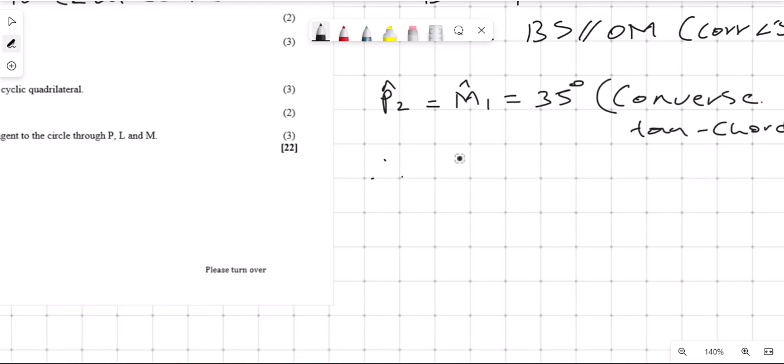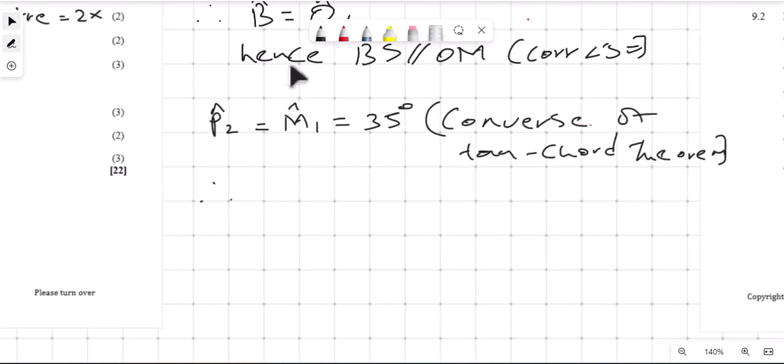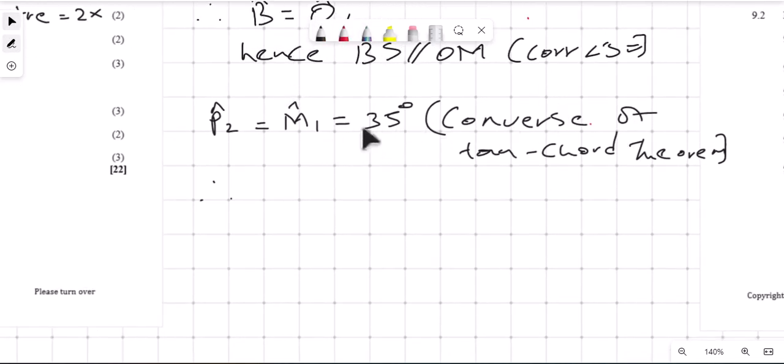I think this converse of the tan chord theorem was supposed to be used in the final. Here we're supposed to say proven. So OP is a tangent, and the reason will be the converse of the tan chord theorem.